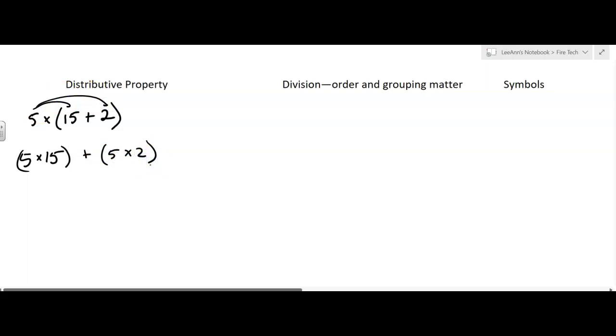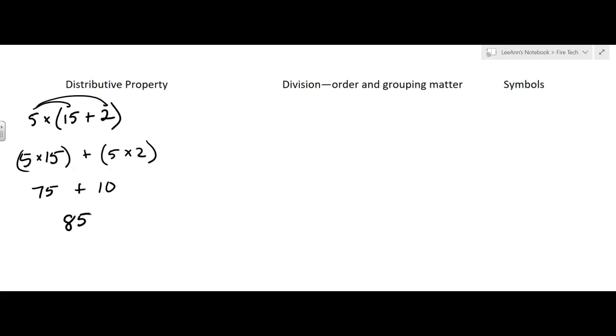Okay, so that's the distributive property. Everybody inside the parentheses gets multiplied by 5 in this case. So what's 5 times 15? 75. And then 5 times 2 is 10, and you'd get 85. We'll talk more about how to do that when we talk about the order of operations, which is our last video in this section.